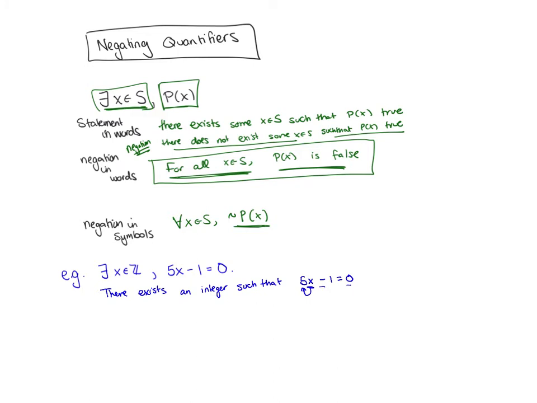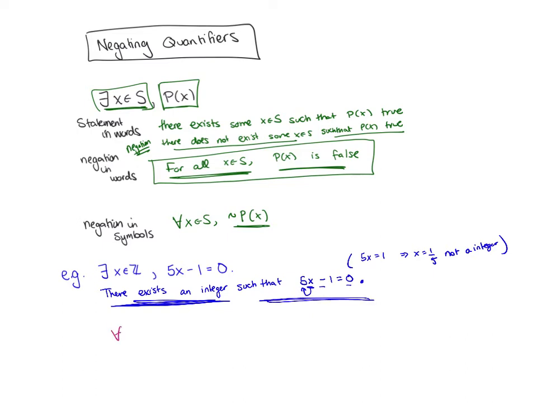Because if it was true, then I would have to get that 5x would equal 1, which means that x is equal to 1/5. That's the unique solution to this, but that's not an integer. So just considering this statement, its negation should be true because the original statement was false. It wasn't true that I had an integer such that this was true.